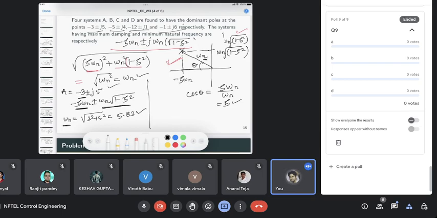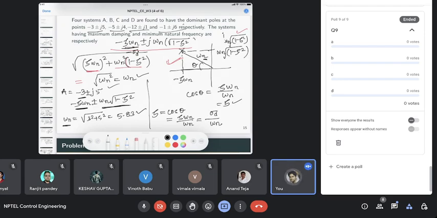I can also calculate zeta to be cos theta. Cos theta is equal to the absolute value of the real part by omega n, right? So let me denote it by minus sigma d. So we have sigma d, the real part, by omega n.